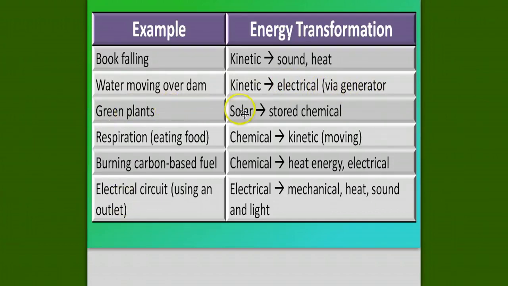Green plants is solar energy changing into stored chemical energy. When you see this arrow in the energy unit, it means changing into, or energy transformation. Respiration, whenever we eat food or plants eat food, it's chemical energy changing to kinetic, moving energy.